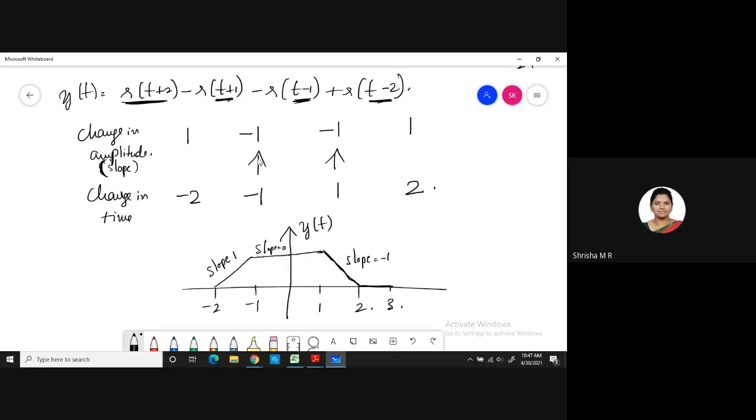Slope will be 0 till t is equal to 1. At t is equal to 1, again there is change of slope to minus 1. The ramp is coming down, right? So its slope is minus 1. At t is equal to 2, again it's changing by 1. So minus 1 plus 1 becomes 0. Understood? Yes, ma'am. Clear, everyone?